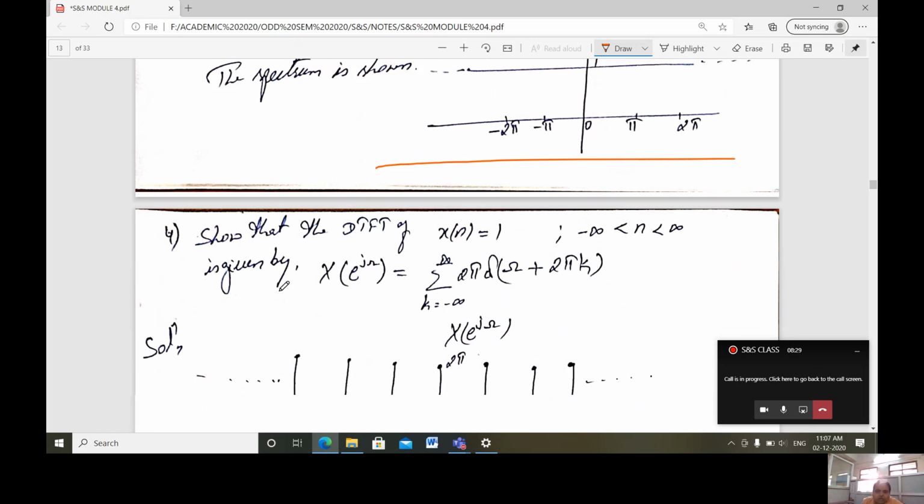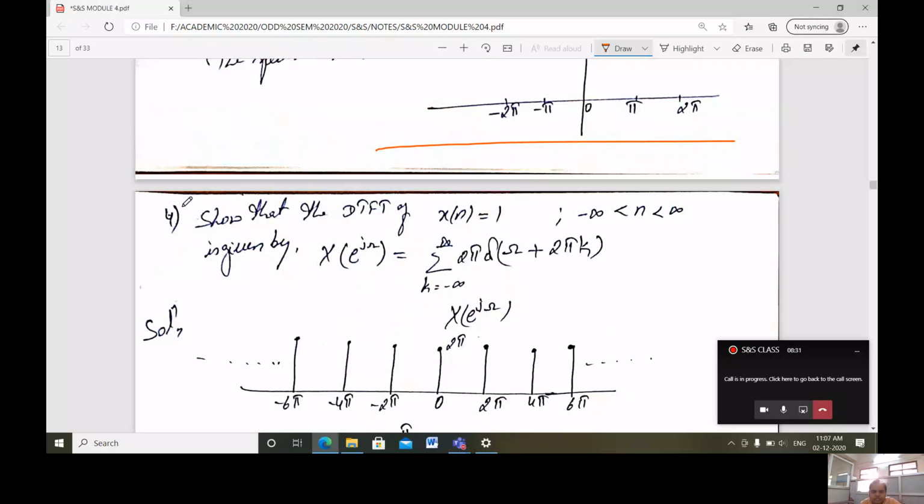Next, we will go with the next problem, that is show that the DTFT of x of n equal to 1, when n is varying from minus infinity to plus infinity, is given by X of e raised to j omega equals summation k varying from minus infinity to plus infinity 2 pi delta of omega plus 2 pi k.